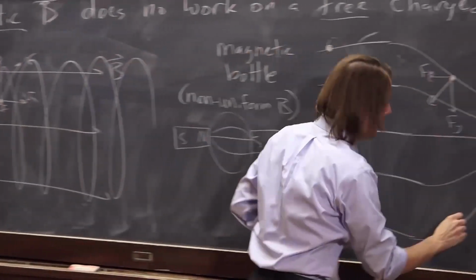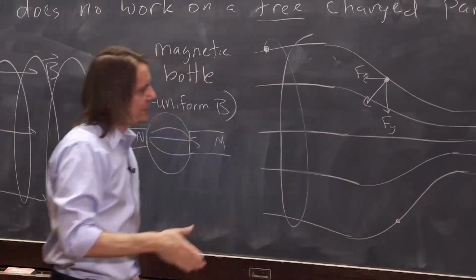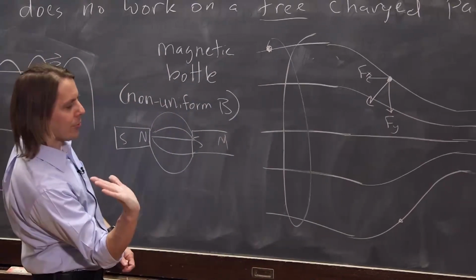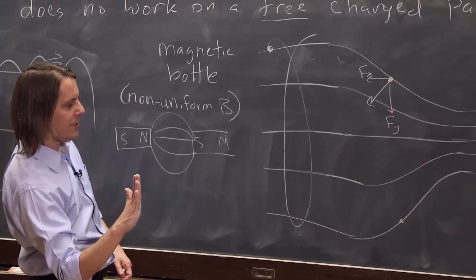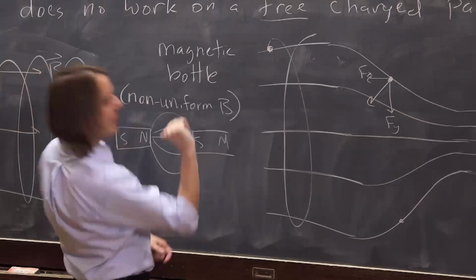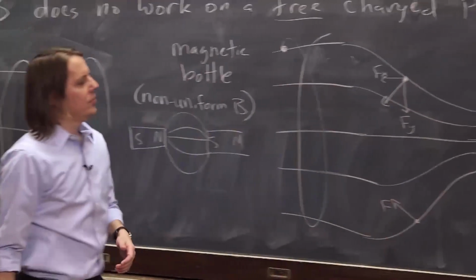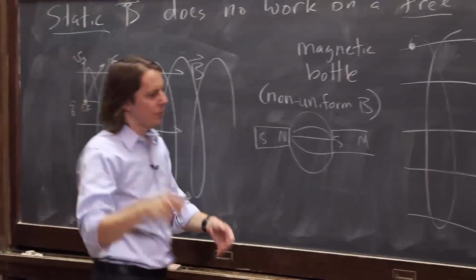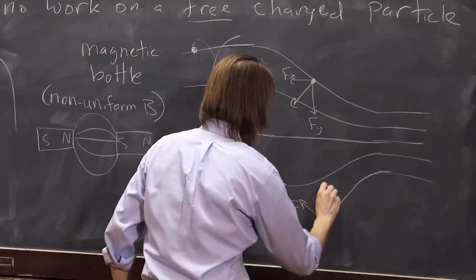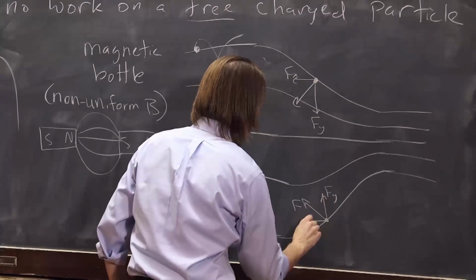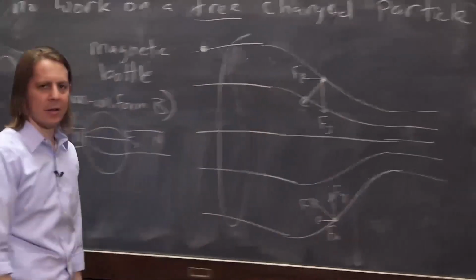And then if it's down here, it's coming out of the board at you, V cross B. It's going like this. So the fact that the field is non-uniform as it goes around the circle makes it keep going in a circle in terms of its y force, but it pushes it back.